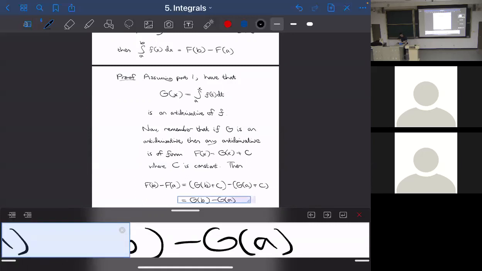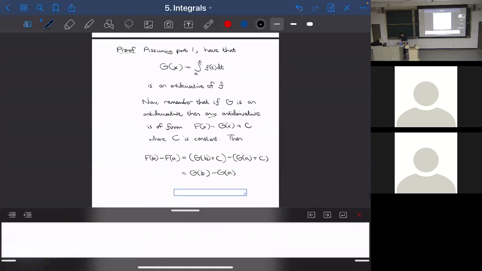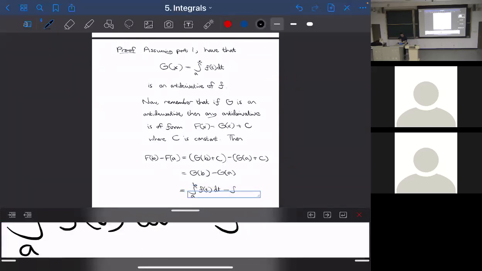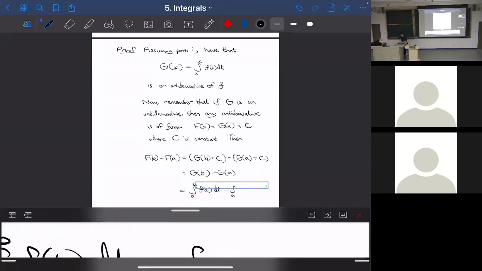So G(b) minus G(a). And then let's look at this definition. Okay, we'll finish this after the break.